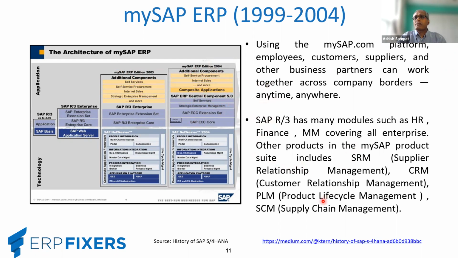One very important piece, this is also the time when other product suites started coming in: SRM, CRM, PLM, and SCM. These are satellite systems built around the SAP ECC or R3 core, and all these systems sit outside of that. So many of you may have seen interfacing systems which are talking to each other.